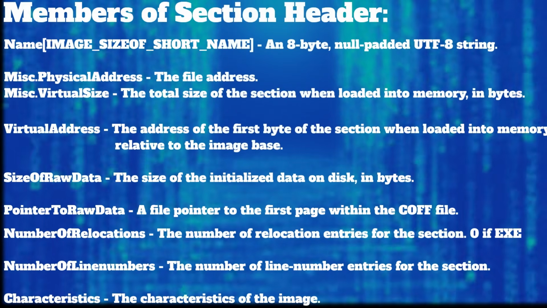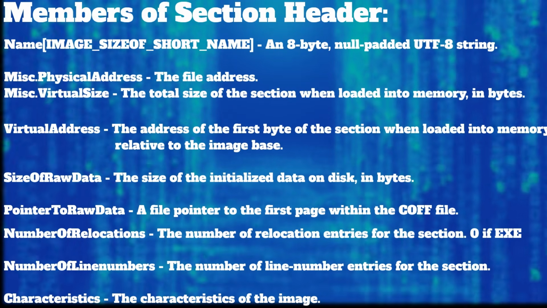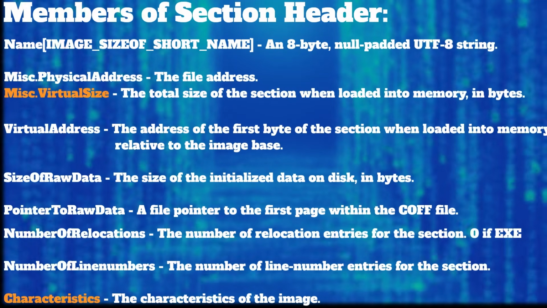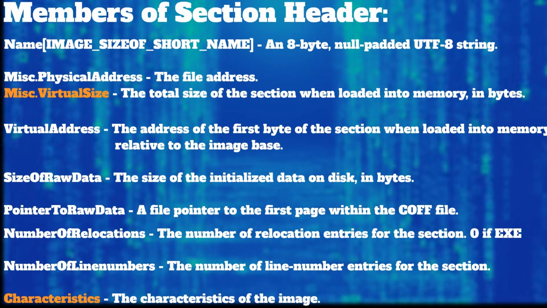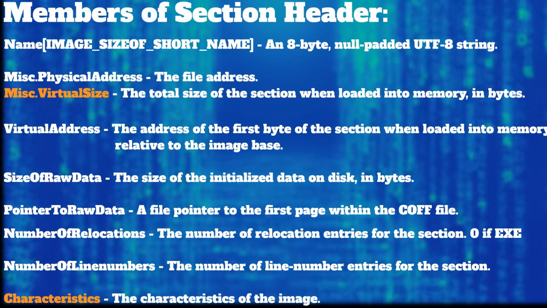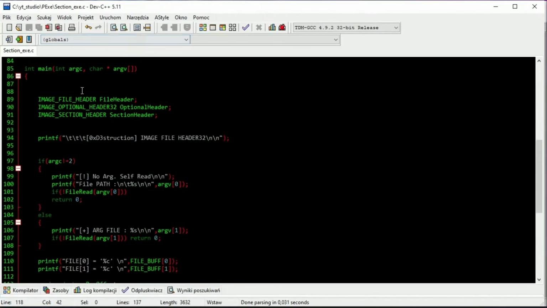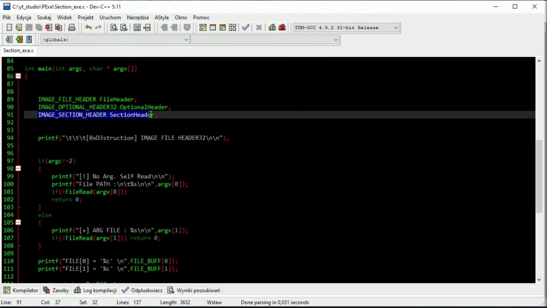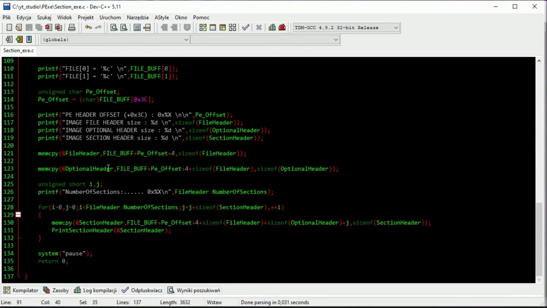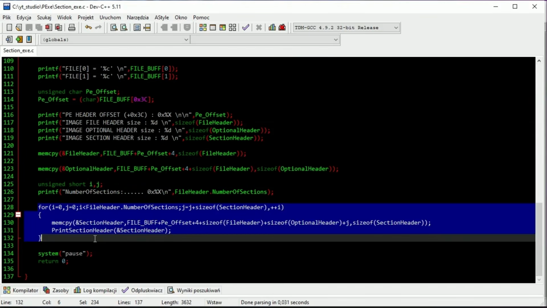Members of the section header. To be honest, we only need virtual size and characteristics for future usage. Full description of the section header is in the video description. Here is the declaration of the structure. We have many sections, so we have to use a for loop to read every single section header.